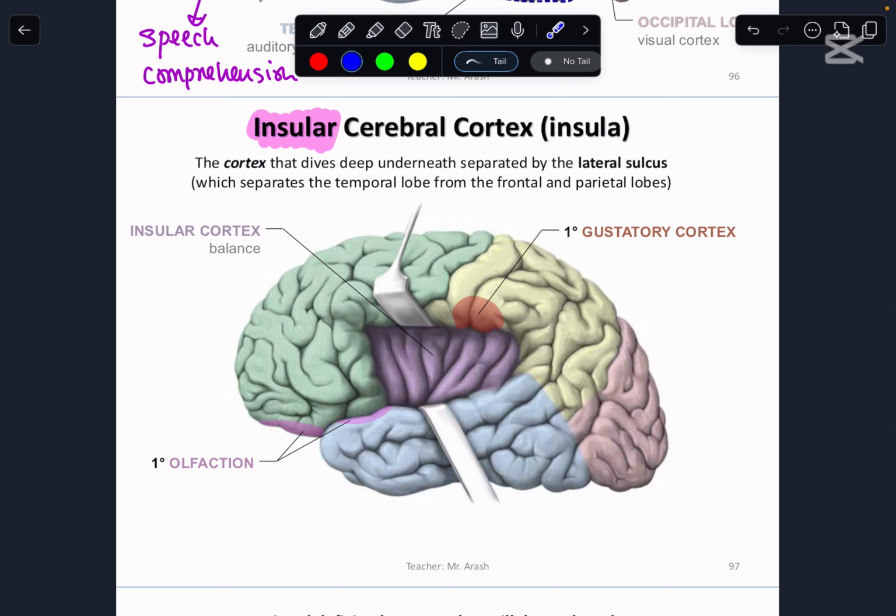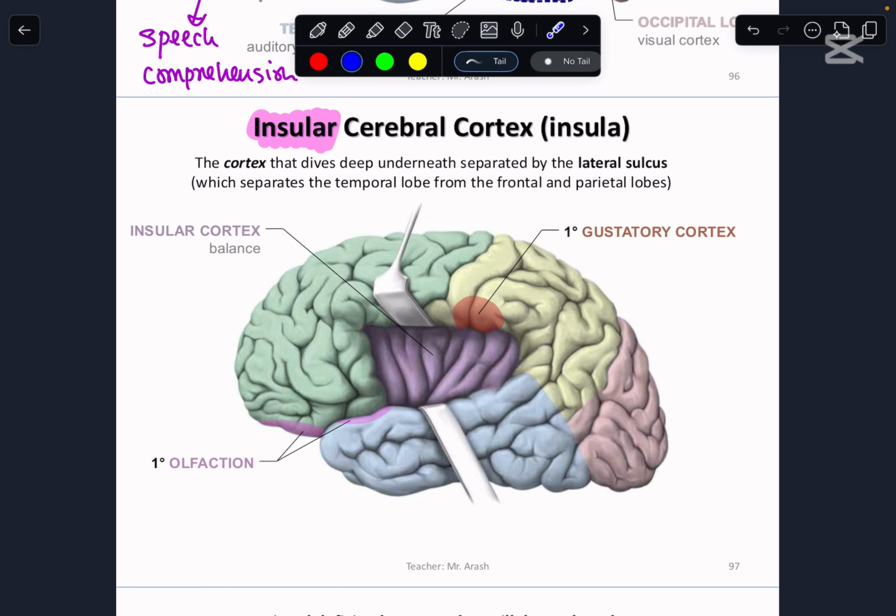And if you can imagine for a second, if you just grab a piece of paper which is flat and then just squeeze it and squash it into something that looks like this, you can imagine that parts of the paper go deep inside that squashed structure. That deep structure is what we call insular cortex. So still cortex, still has cortical tissue and cortical features, except it's a bit deeper.